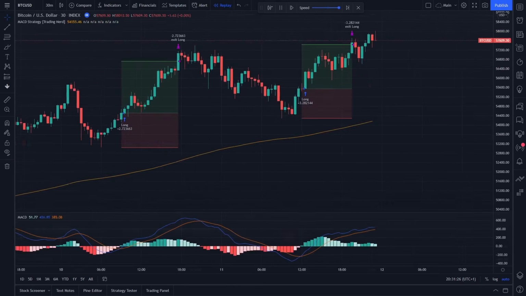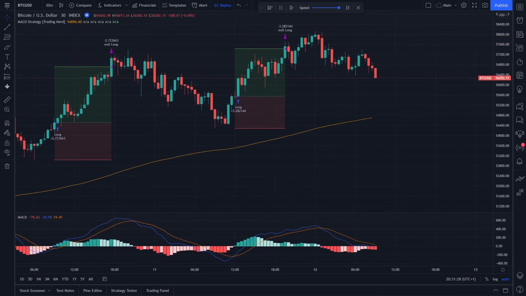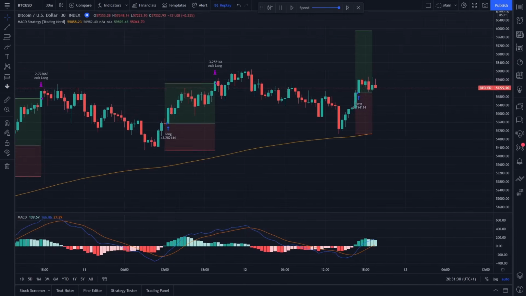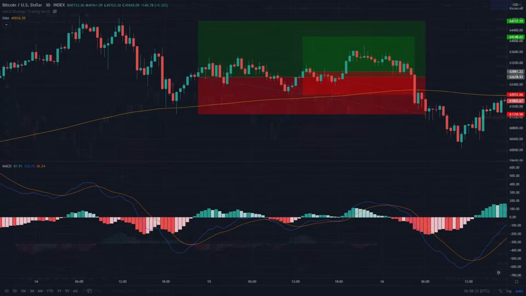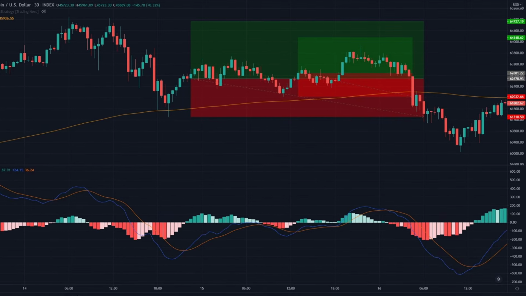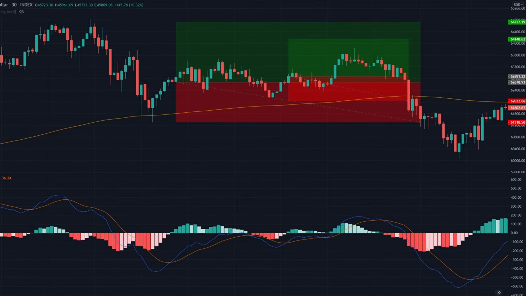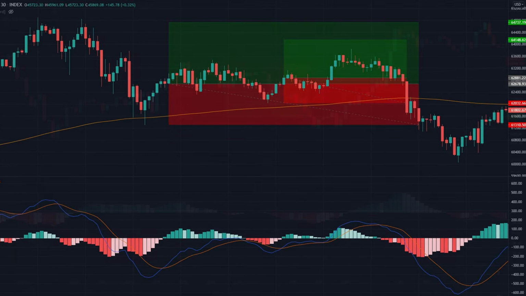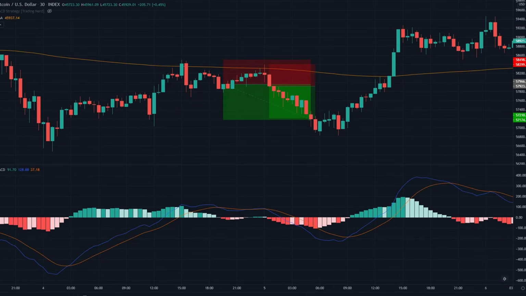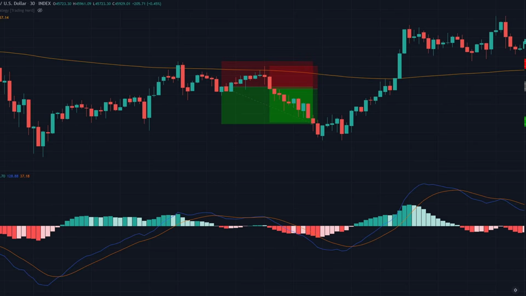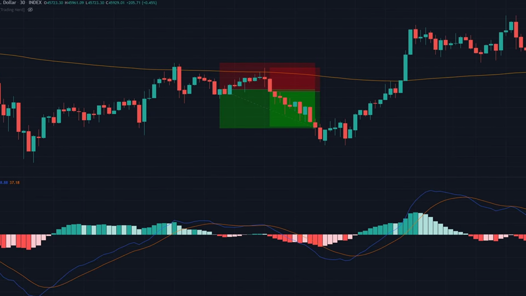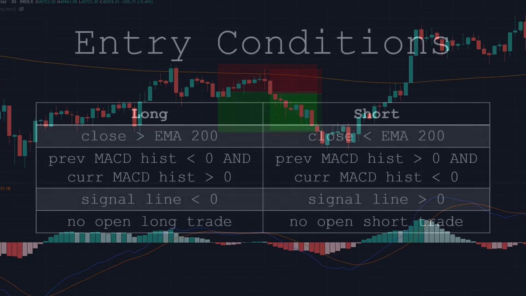One additional note, we will only take trades if there is no open position of the same direction. For example, if we have an open long position and we get another long signal, we won't open another long trade. Because these positions are highly correlated, meaning the outcome of these trades are very often the same.